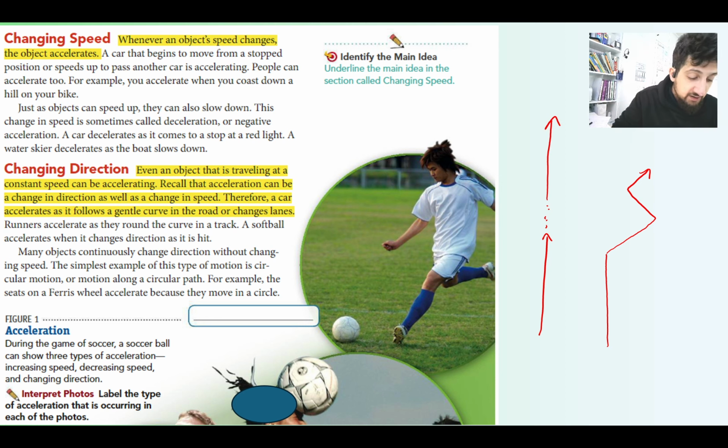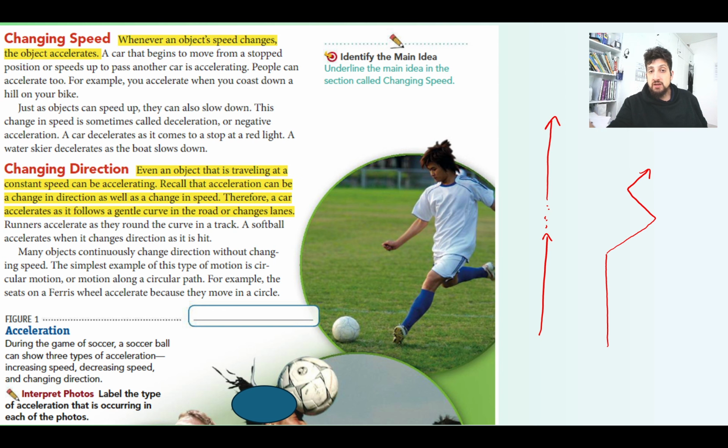Okay, and here we have, sorry about the noise in the background, everybody's playing. And here we have an example of change in direction. Even an object that is traveling at a constant speed can be accelerating. How? We've just answered that. So basically, if an object is changing its direction, then we consider that acceleration. Because it's got to do with forces and it's got to do with external forces. You cannot accelerate without experiencing an unbalanced force.